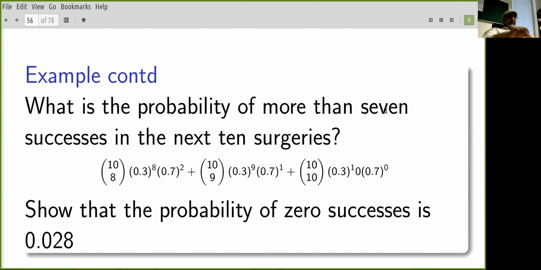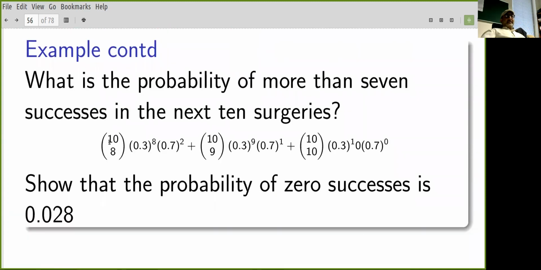For 8, it's 10 choose 8. The probability of success is 0.3, so 0.3 to the 8, and then 0.7 squared. This 2 is for the 2 surgeries in which you didn't have a success.